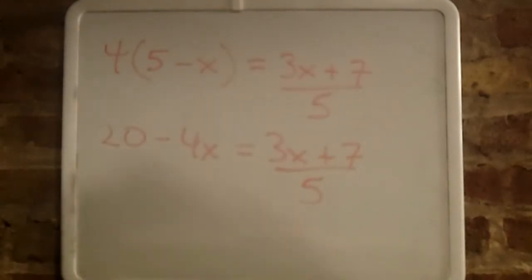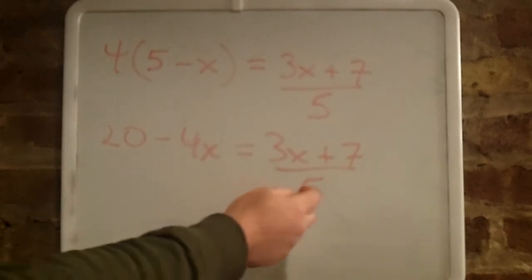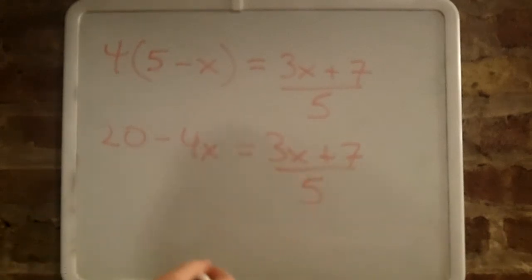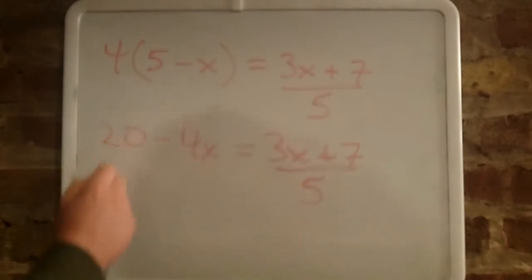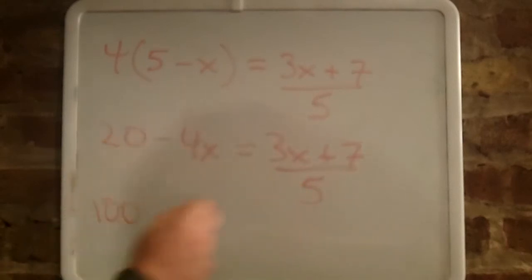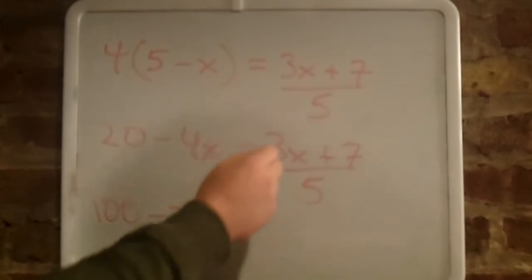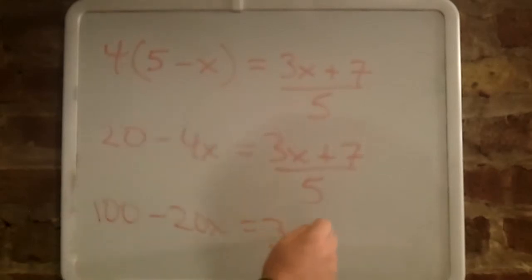The next thing we need to do is multiply everything by 5 to get rid of this 5 on the bottom. So if I do that, 5 times 20 would be 100. 5 times negative 4x, negative 20x. Then I'd have 3x plus 7 over here.